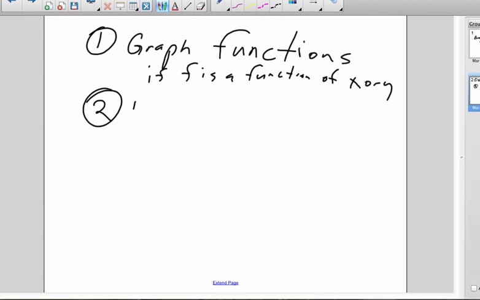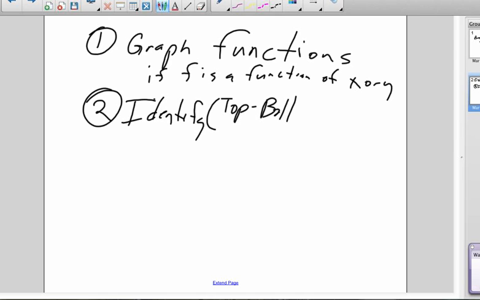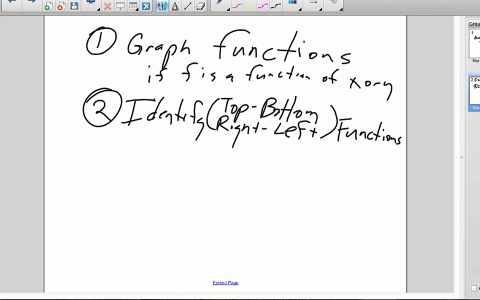Number 2, then you identify either top, bottom, or right, left functions. So you know which one goes where.